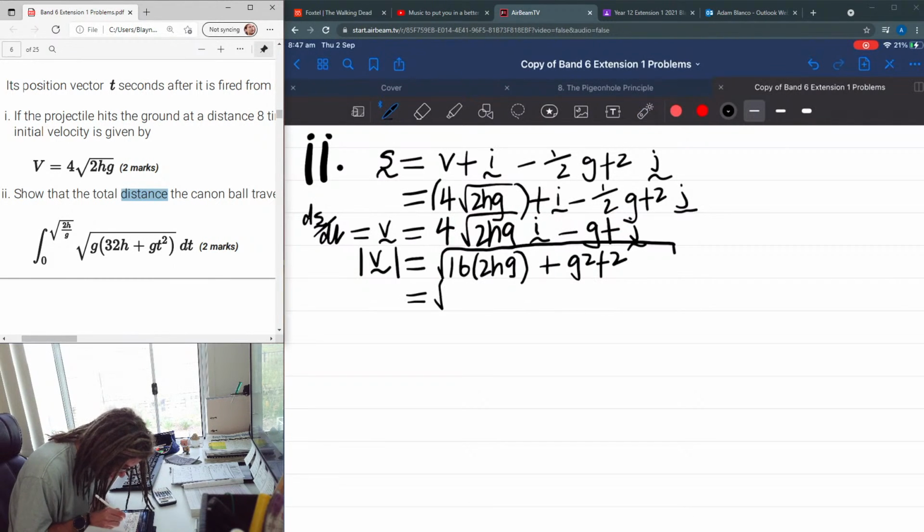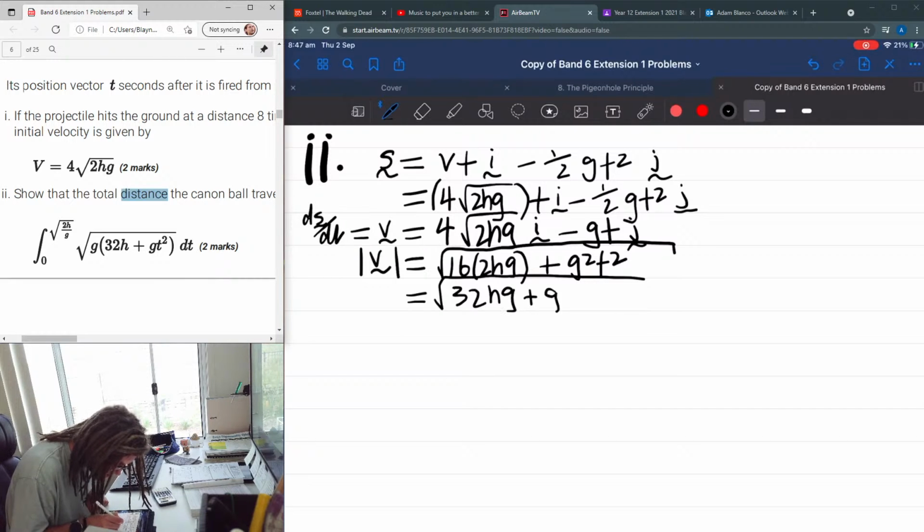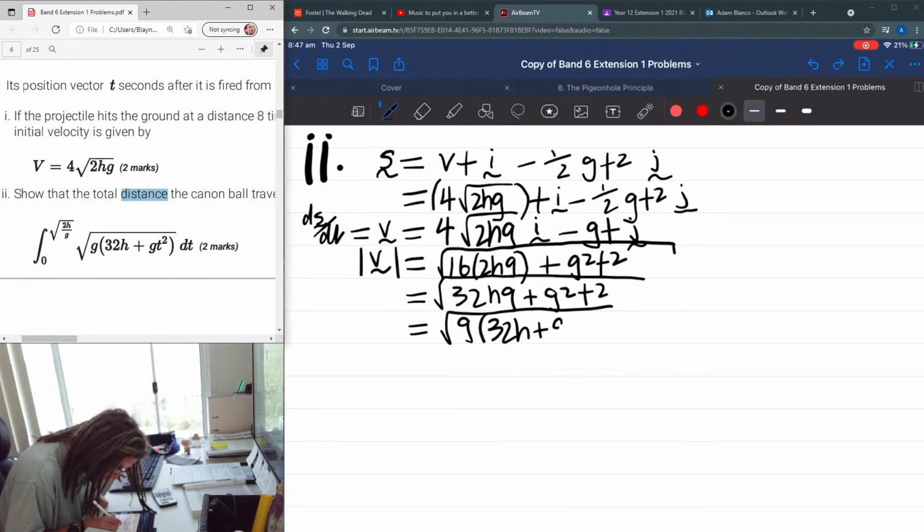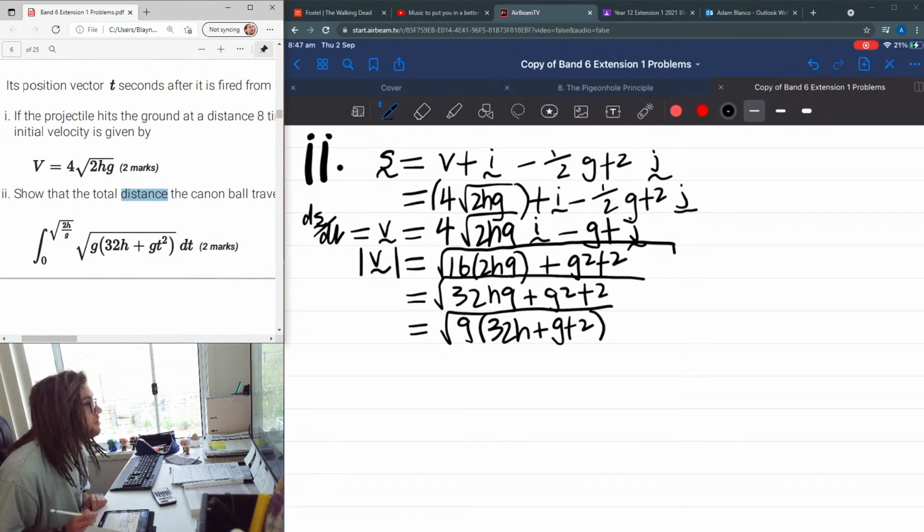Then I can start simplifying this. So this is where the 32 comes in, hg plus g squared t squared. And then if you factor out a g, you actually get the expression that you want. So 32h plus gt squared. All right. How do I want it?